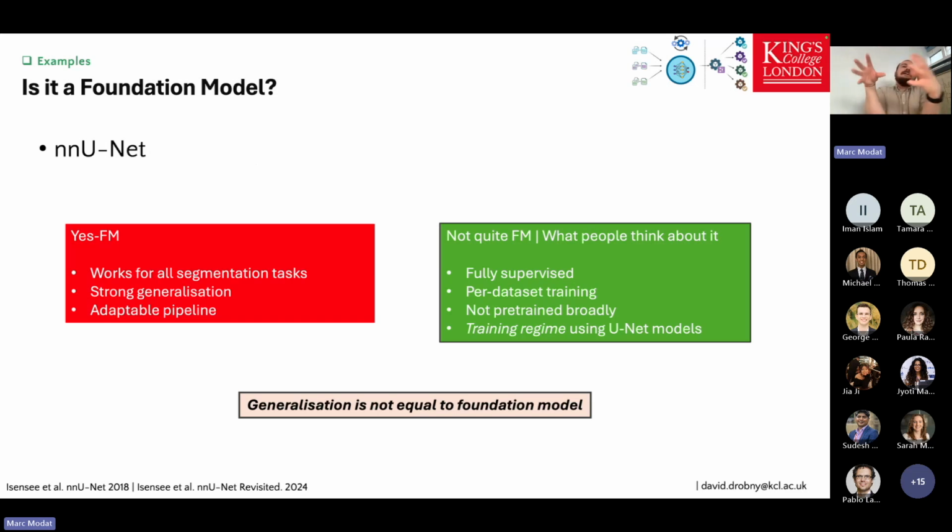So again, it is something that generalizes very well. So it looks a bit like a foundational model, but it is a different beast. The overarching concept, exactly. So it's mostly the concept of having a training regime that adapts to your data and then creates a specific model that performs pretty well.